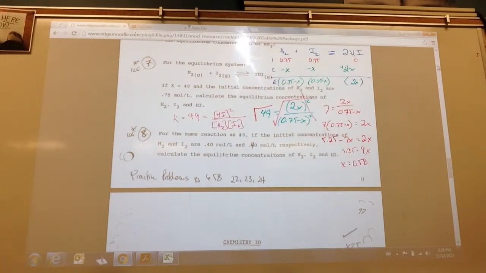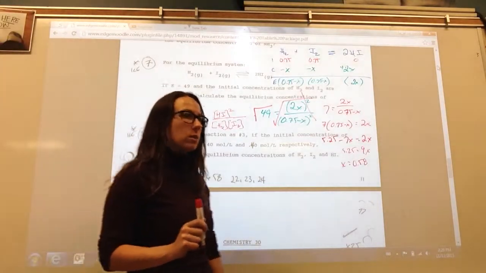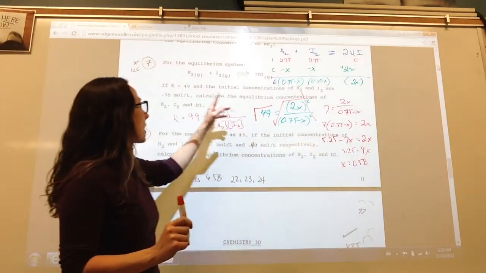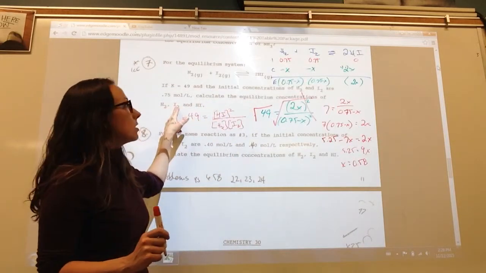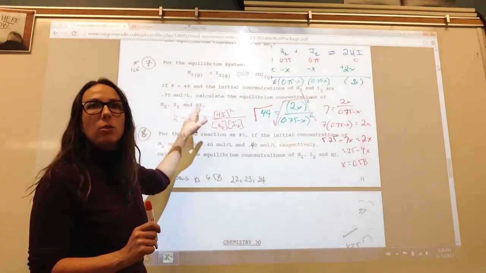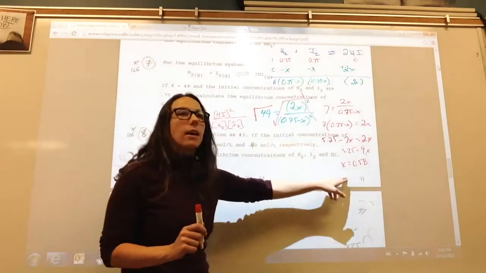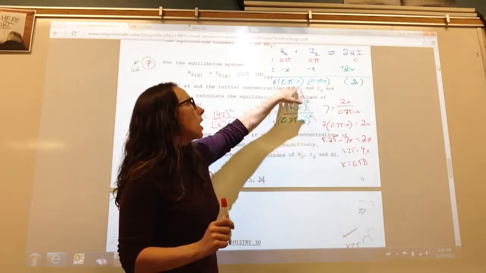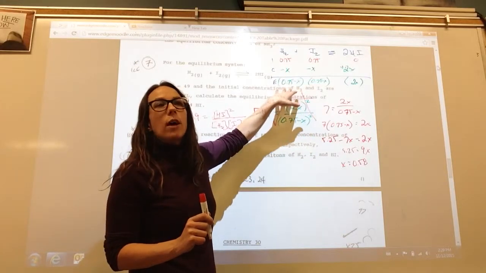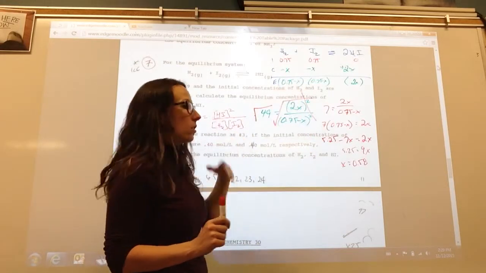But the chemist in you should go, no, I'm not solving for x, I'm applying this concept. So what was I actually trying to find? The equilibrium concentrations of H2, I2, and HI. Have I found that? Not yet. I've got to take that value and plug it in to find my concentrations.